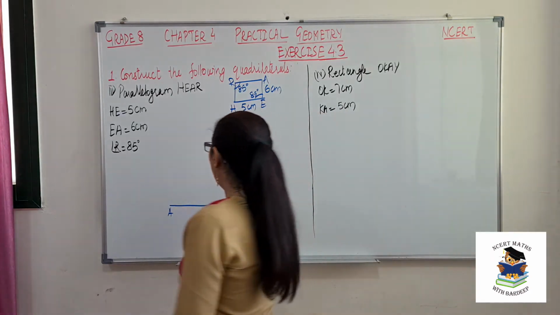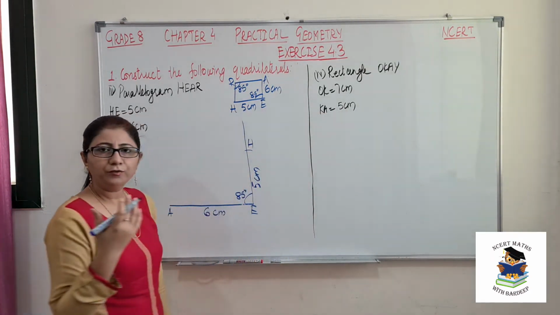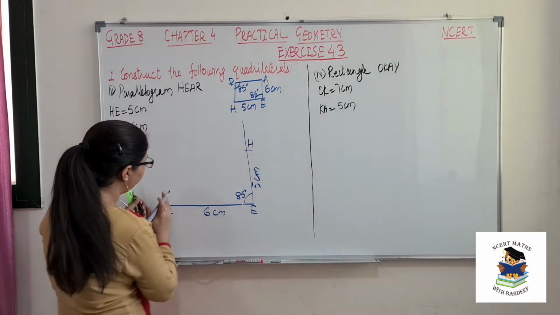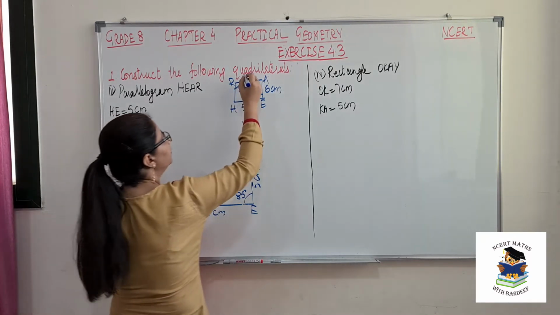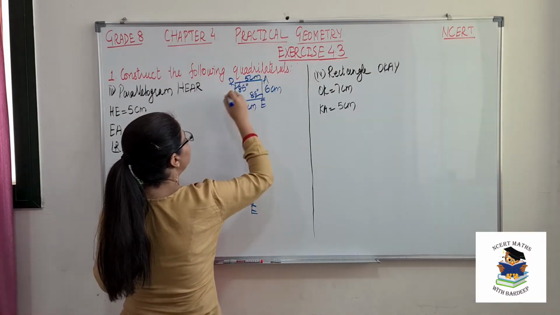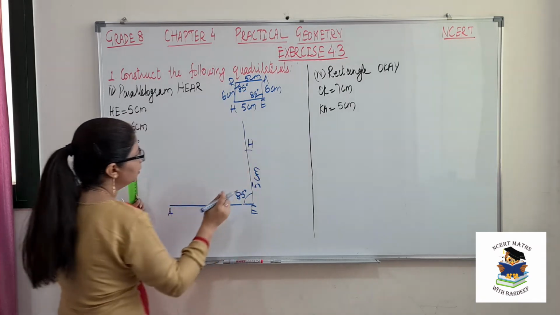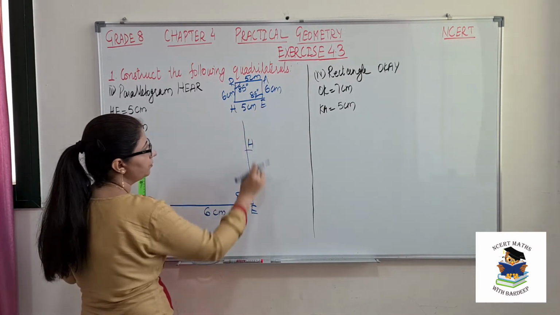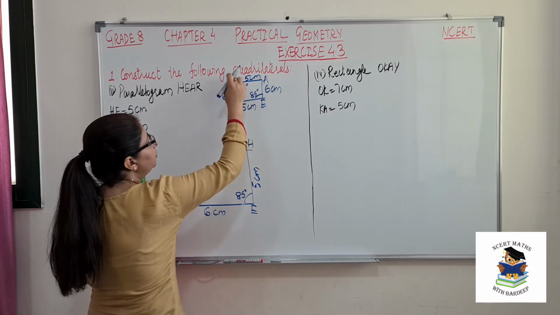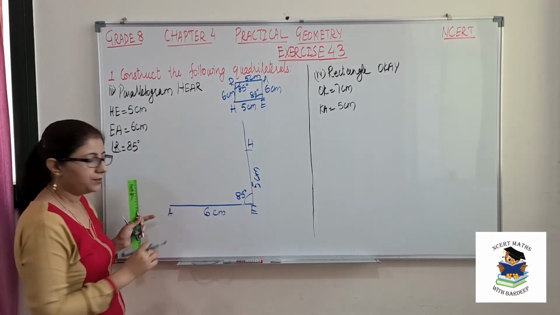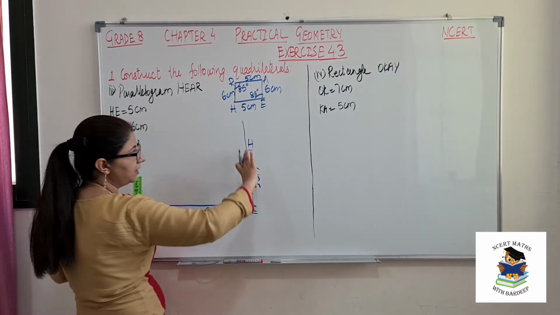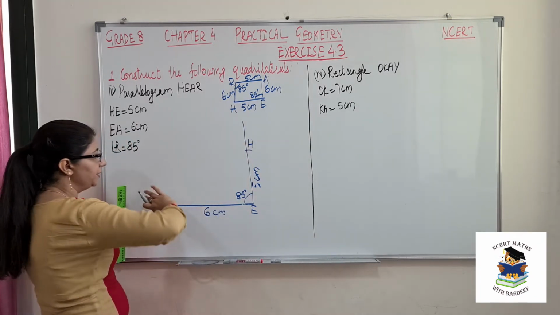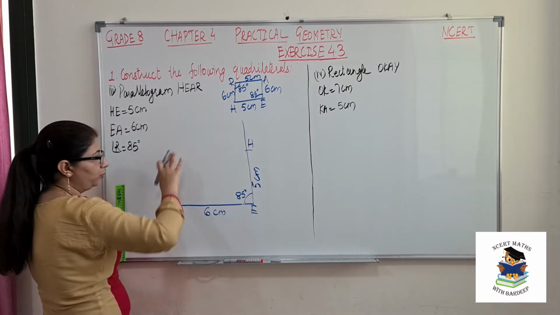So now opposite sides are of equal length. So if this is 5, definitely this will also be 5. Means this is also 5 centimeter, this is 6 centimeter. So what I will do is, see, from E to H is 5 centimeter, A to R is also 5 centimeter. So with the same radius that you used here, keep your compass here and make one arc.